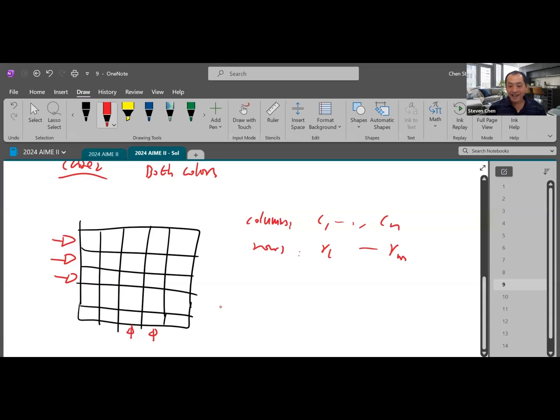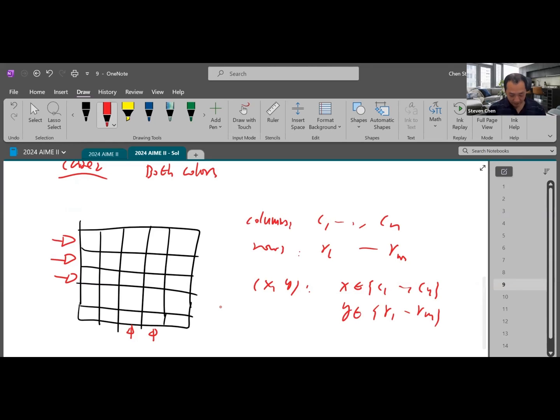Then I'm claiming that every cell xy such that x is from the set C1 up to Cn, and y is from the set R1 up to Rn must be white. Which means that in this illustrating diagram, these yellow colored cells must be white.